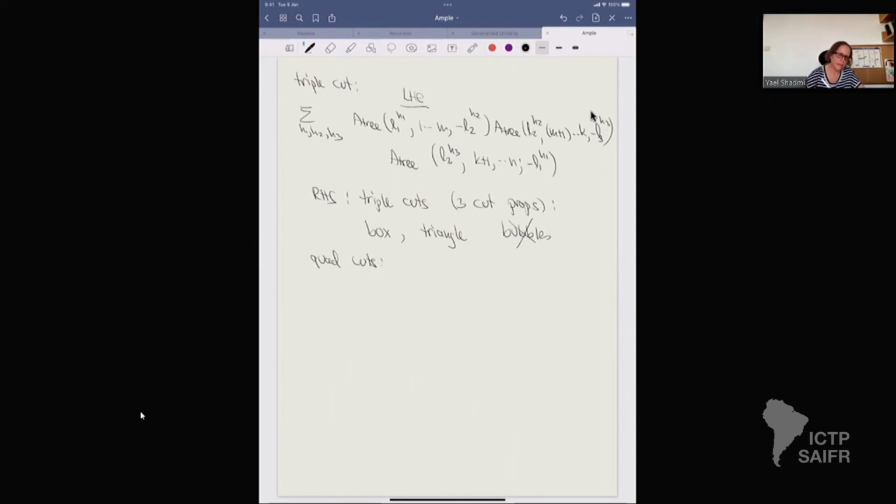So here our left-hand side amplitude factorizes like this. There's some blob with some number of lines. Here I have another blob, and here I have another blob.